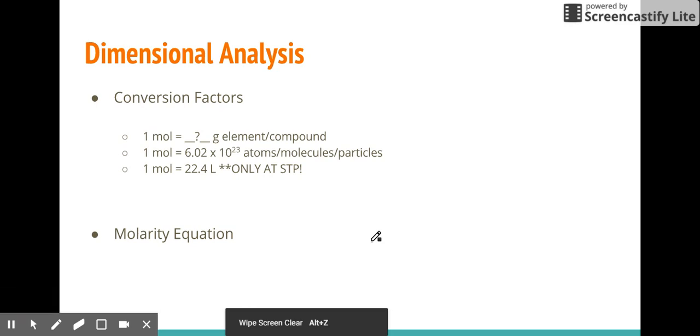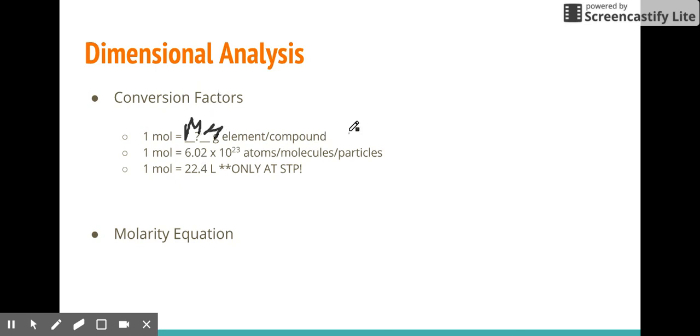The next thing that I want to go over with you guys is dimensional analysis. How do I use that molar mass in the dimensional analysis? Well, if you remember, there's several different conversion factors. Your first conversion factor is that 1 mole of substance is equal to however many grams of that element or compound that we have. This is where your molar mass that you add up from the periodic table goes into play.